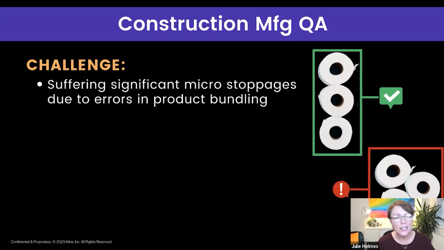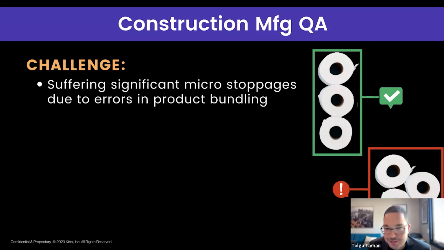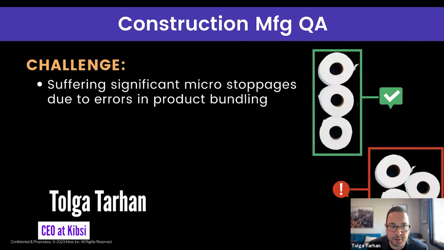So, Tolga, could you talk a little bit about the toilet paper industry and maybe some of the challenges a toilet paper company might face? Yeah, I deserve this. So this could be any product, right? Let's use toilet paper as our little analog here. Imagine if the toilet paper rolls were supposed to be bundled in 3, like you're seeing in the green box.